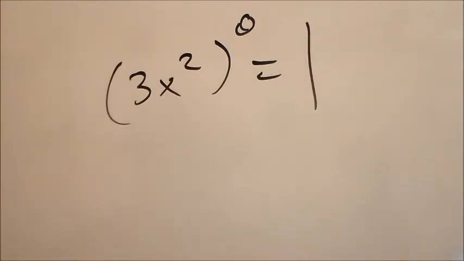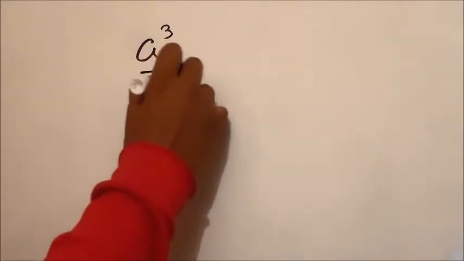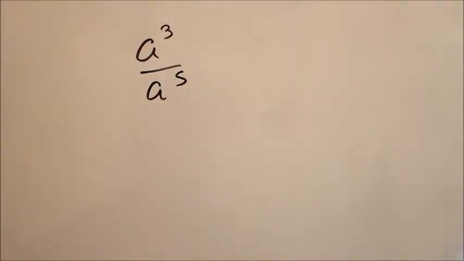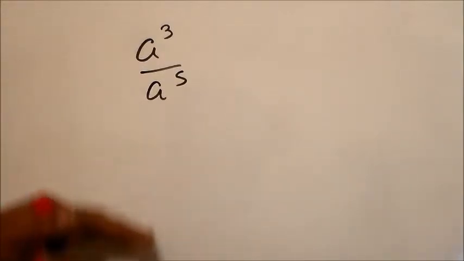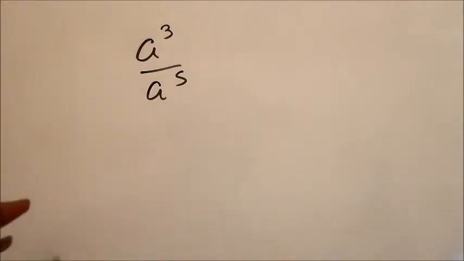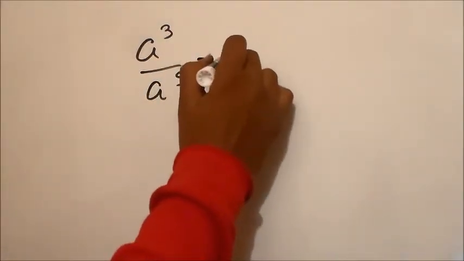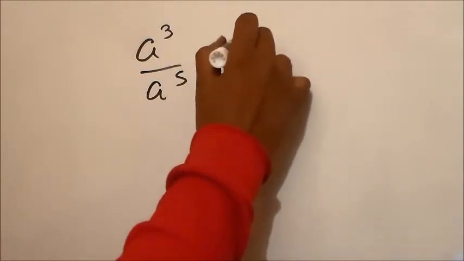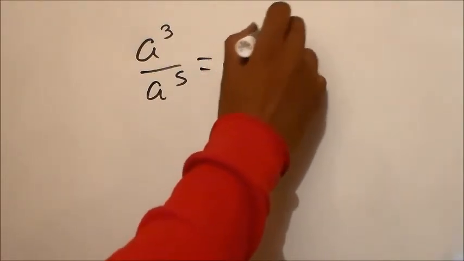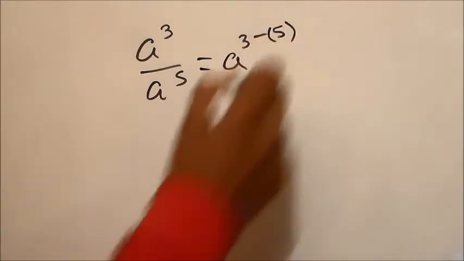Now, let's get into negative exponents, which is the meat and potatoes of the video. Let's just say we had a cubed over a to the fifth. Again, the quotient rule of exponents comes into play, and it will be a to the 3 minus 5.